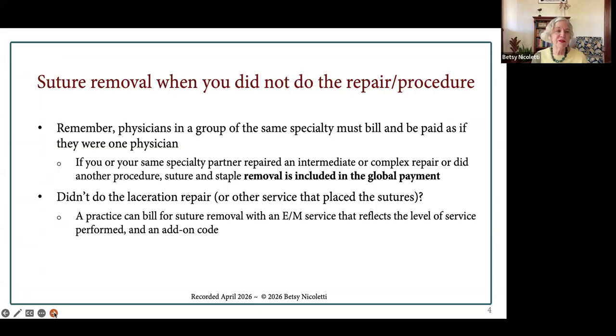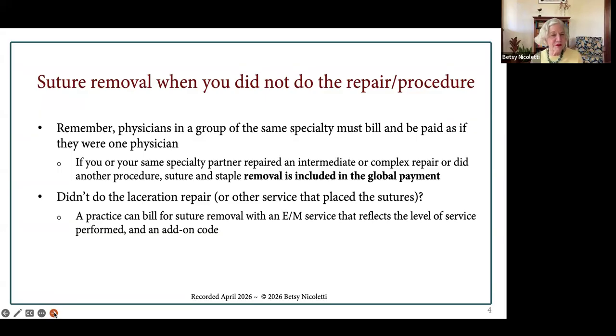So remember that physicians in a group of the same specialty have to bill and be paid as if they were one physician, and that non-physician practitioners, NPs and PAs who are working with a group, are considered to be of the same specialty. So if you or your same specialty partner did the procedure for which we're removing the sutures or the staples, then the removal is part of the global period.